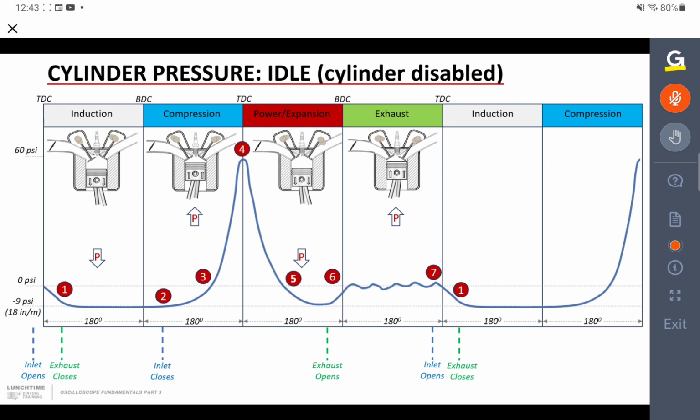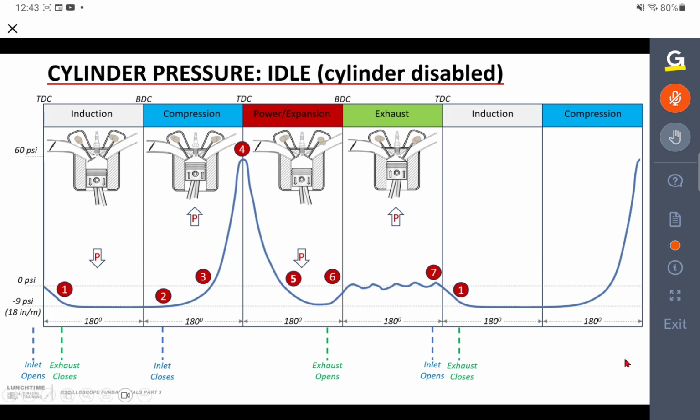And then when we get to 5, the piston is on its way down again on the expansion stroke. So the pressure is now falling down, and it will stay down at a negative pressure until the exhaust opens, and then we expose the cylinder to atmospheric pressure from the exhaust system. We get a few small pressure oscillations until the inlet opens again, and once the inlet opens, we start the whole process all over again.